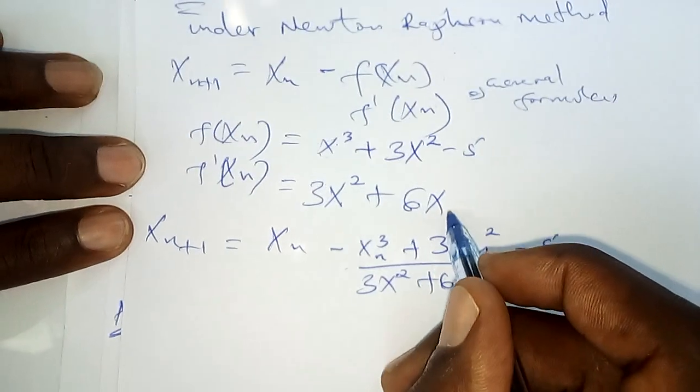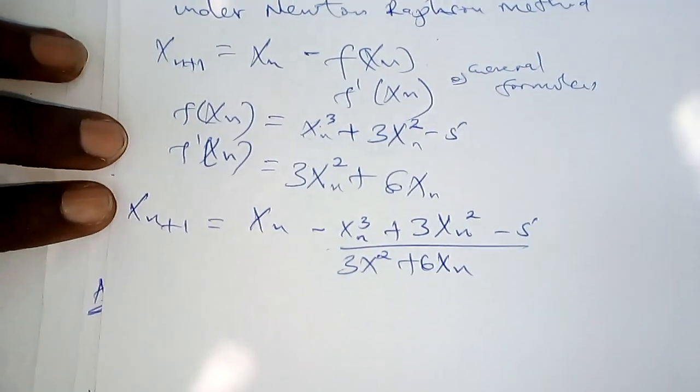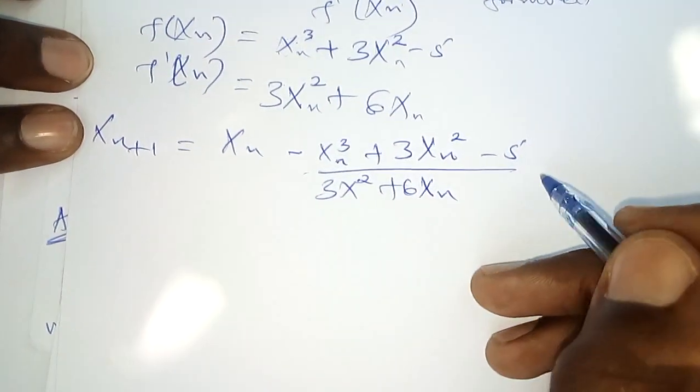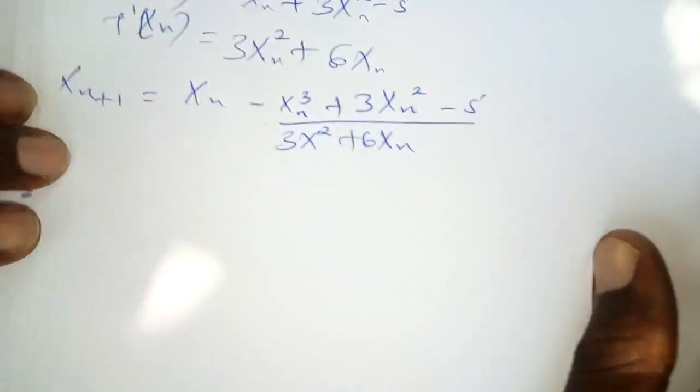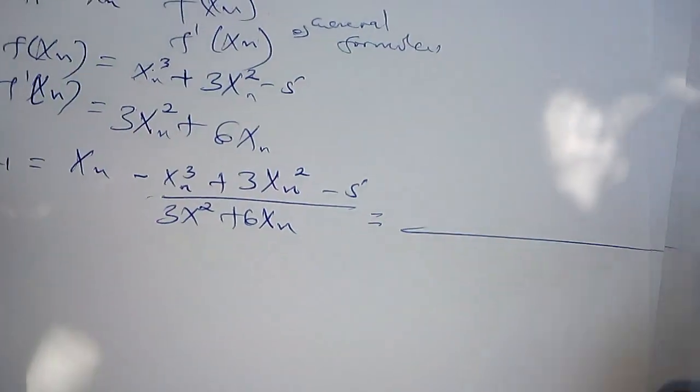You can just insert xn here. Now we want to simplify; the general LCM is this one.